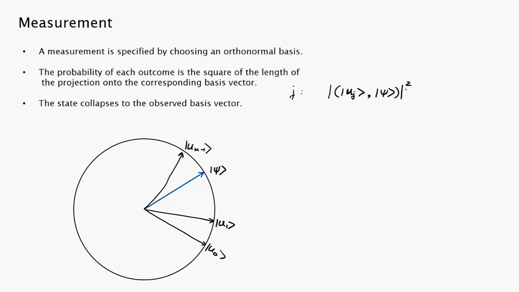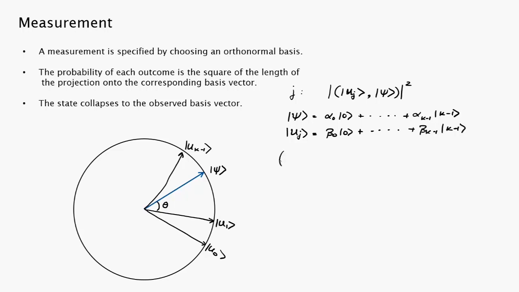This is also what we called, in a simpler setting, cosine squared theta, where theta is the angle between psi and u sub j. Let me say this a little more formally. Let's say psi was alpha naught |0> plus dot dot dot alpha k minus 1 |k minus 1>, and suppose u sub j was beta naught |0> plus dot dot dot beta k minus 1 |k minus 1>.